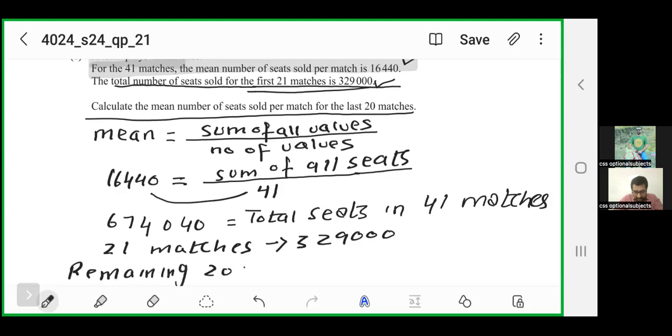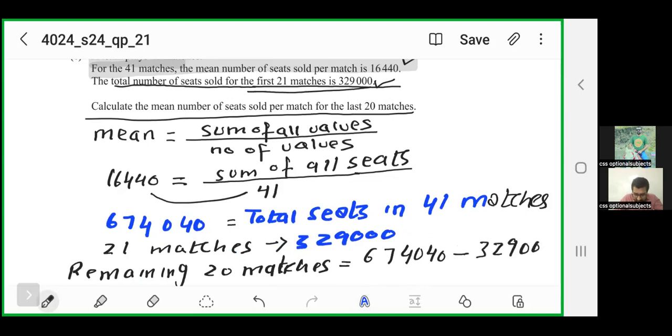For the remaining 20 matches, you need to subtract: the total number of seats sold in 41 matches minus the number of seats sold in 21 matches, which is 329,000.